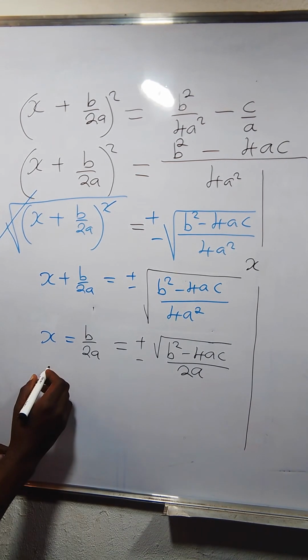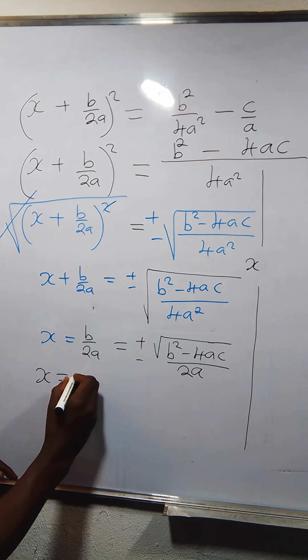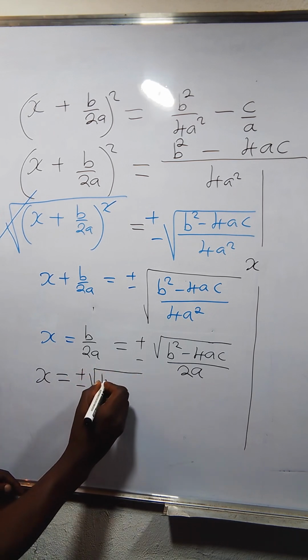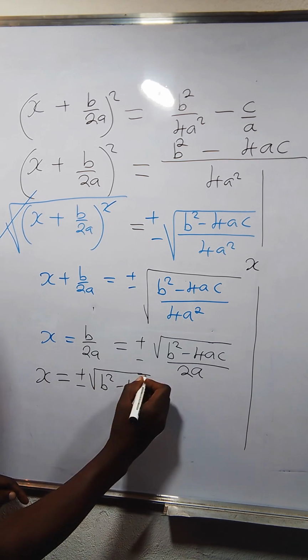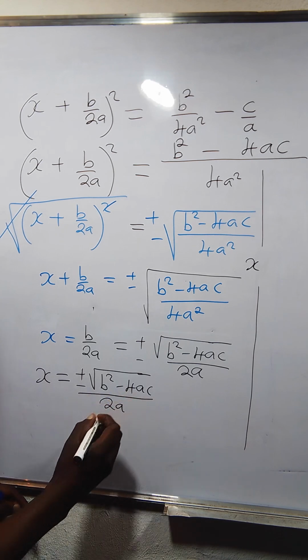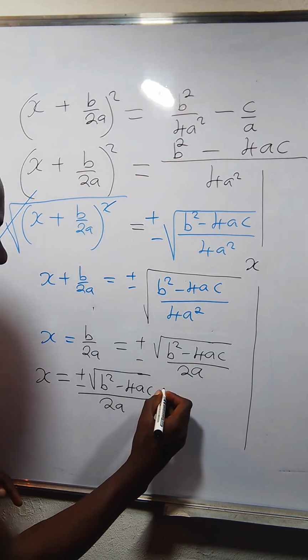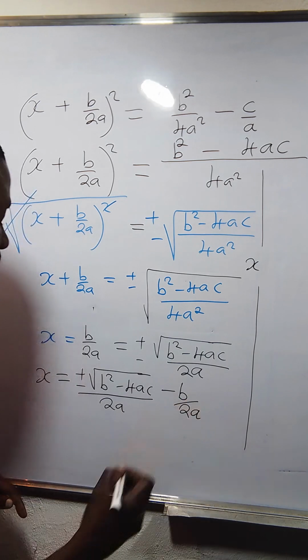So this is going to be x equals plus or minus the square root of b squared minus 4ac divided by 2a, and then when this one goes to the other side it becomes minus b over 2a.